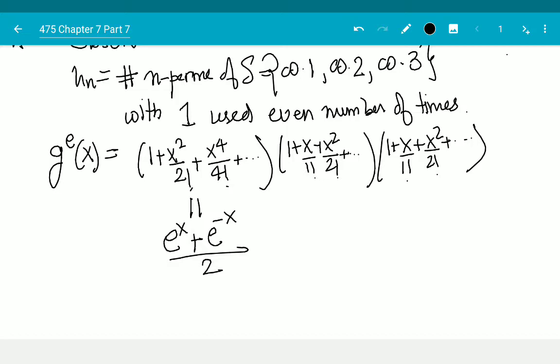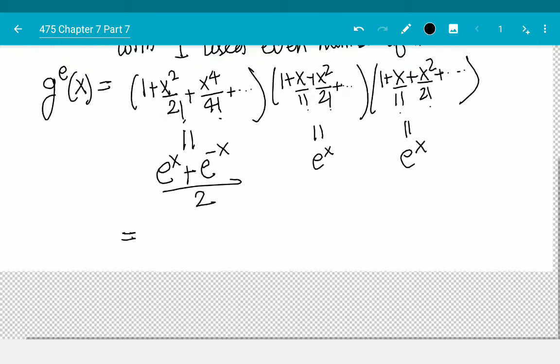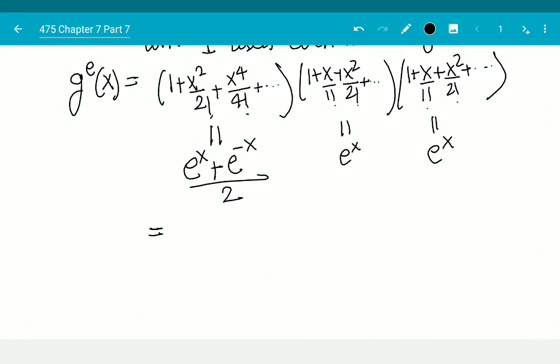So if I add e to the x and e to the minus x, it cancels exactly all the odd powered terms, leaving the even powered terms twice, so I have to divide by 2. This is e to the x, and this is again e to the x. So all of this is equal to e to the x times e to the x times e to the x plus e to the minus x over 2, that is, e to the 3x plus e to the x, all the way over 2, right?